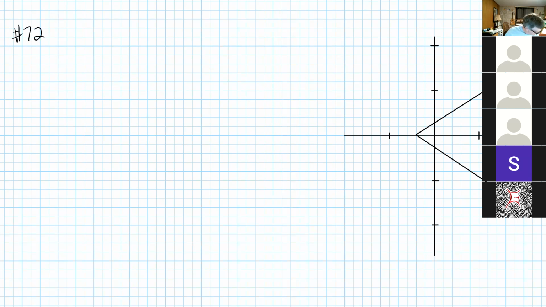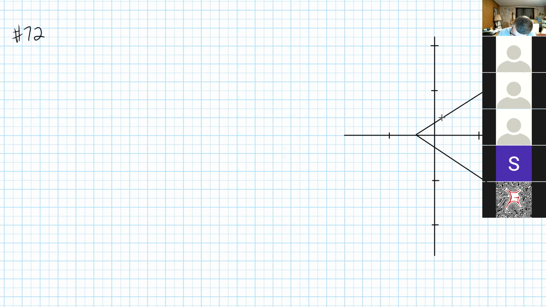Let's see, 72. What are we supposed to do here? Is this a function? Yes or no? Keep in mind, if it's a function, each X value goes to just one Y value.